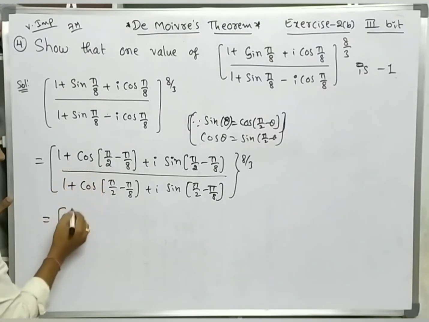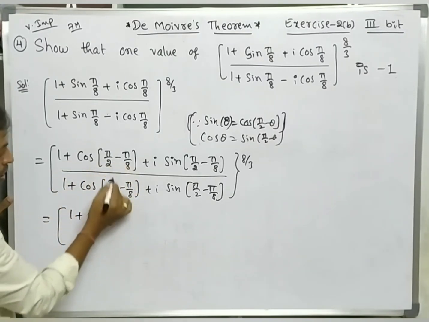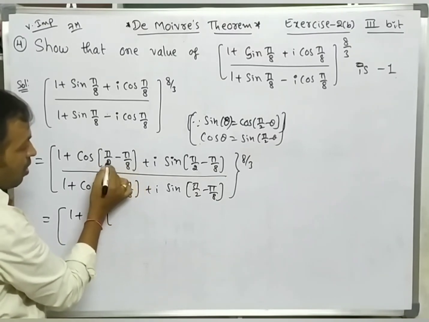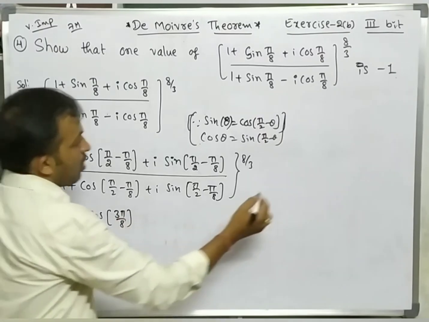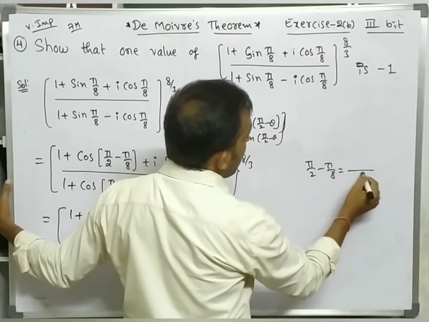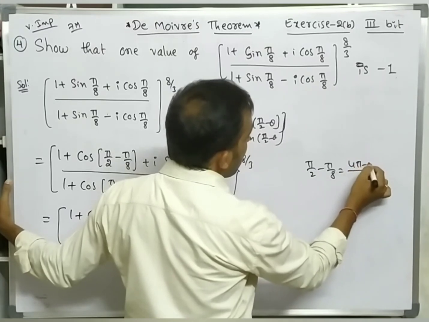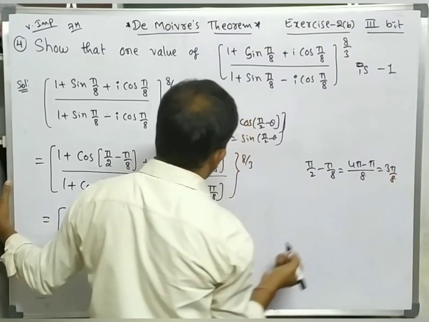Now 1 plus cos of 90 minus theta: pi by 2 minus pi by 8, here 8 is the LCM, 4 pi minus pi, that is 3 pi by 8.